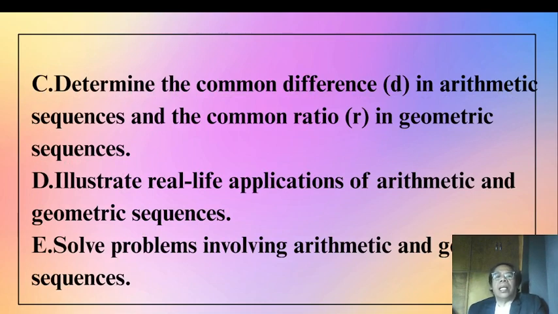C. Determine the common difference d in arithmetic sequences and the common ratio r in geometric sequences. D. Illustrate real-life applications of arithmetic and geometric sequences. E. Solve problems involving arithmetic and geometric sequences.